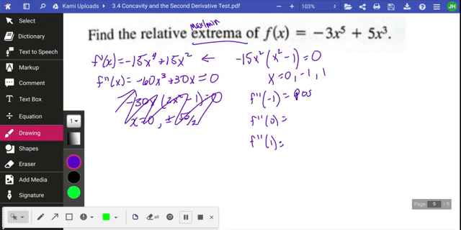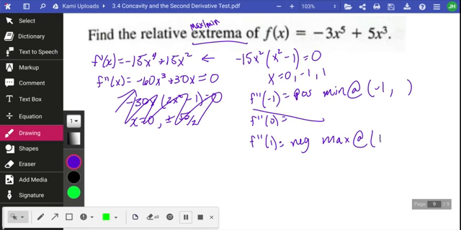Okay, if you want to get the actual value, you can. If I plug in 0, I'm going to get 0. Okay, so that doesn't help us with that. And then if I plug in 1, I'm going to get negative 60 plus 30. So it's going to be negative. So I'm going to have a min at negative 1 comma something and a max at 1 comma something.